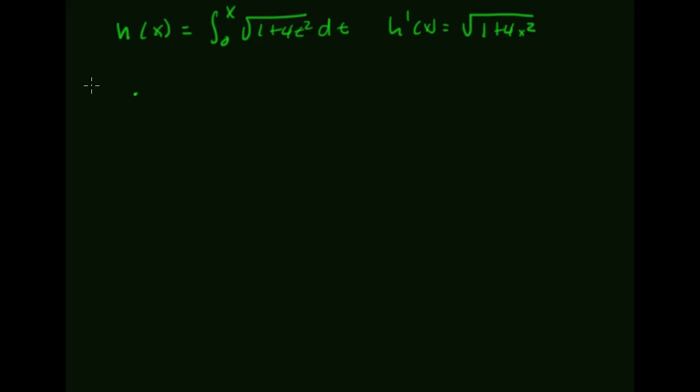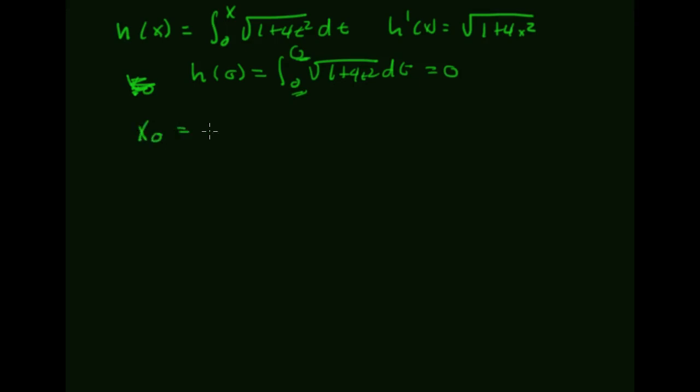That's because h of 0 is the integral from 0 to 0 of the square root of 1 plus 4t squared dt. Both bounds are 0, which means h of 0 is 0.